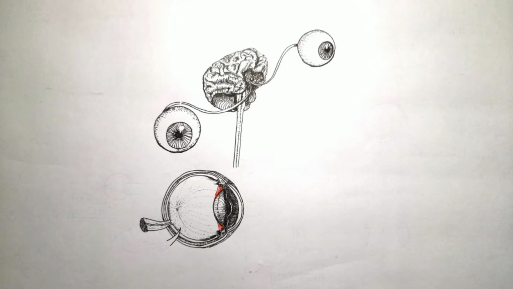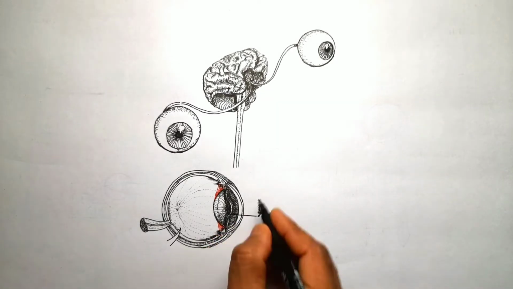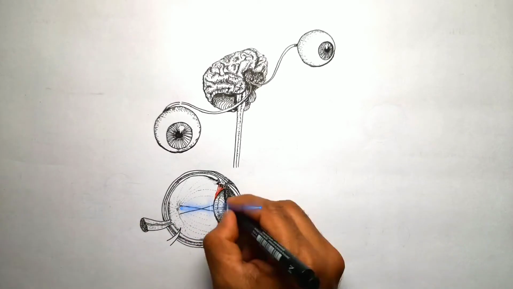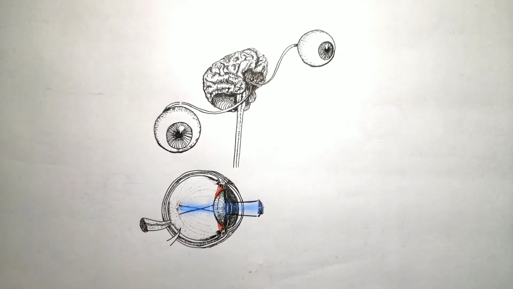Now let's see the light path of our eye. The eye captures the image and then sends it to the brain by the optic nerve. As light bounces off an object or comes off a source in front of the eye, it comes into our eye through the dome-shaped window of the eye, that is the cornea.